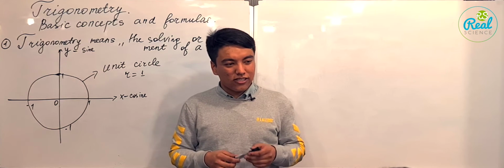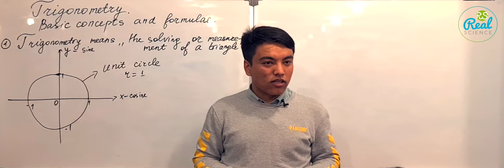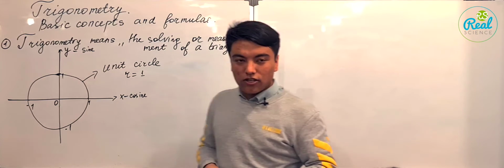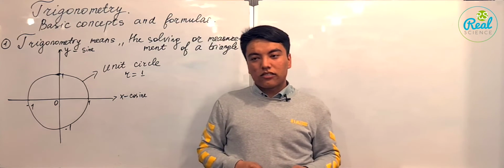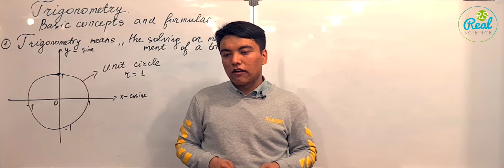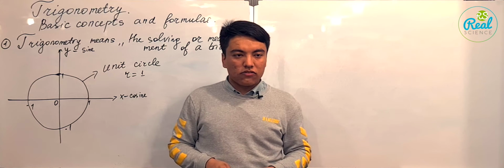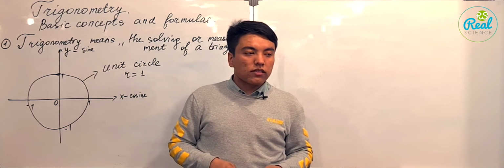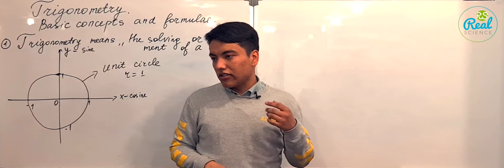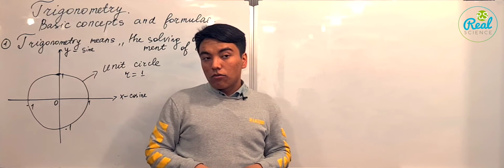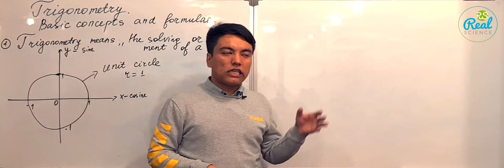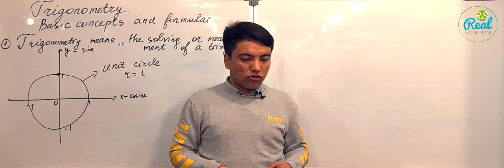It's 360. The circle is 360. Why do we need this? Because while finding values of sine, cosine, we use some degrees. For example, sine 60, sine 90, sine 200, yeah? We use degrees.